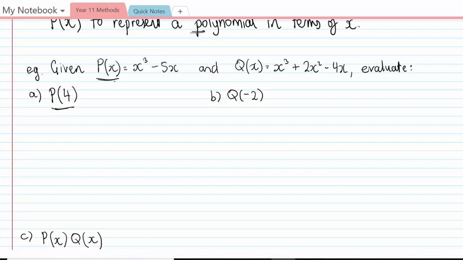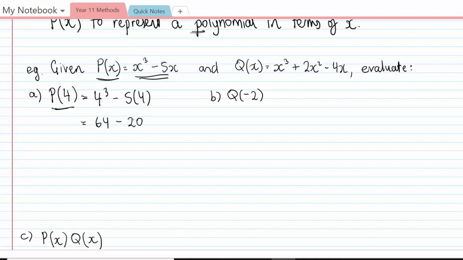So all I'm going to do is replace the x with 4 in this part of the equation as well. That's going to be 4 cubed minus 5 times 4. When I evaluate that, 4 cubed is 64. 5 times 4 is 20, leaving us an answer of 44.